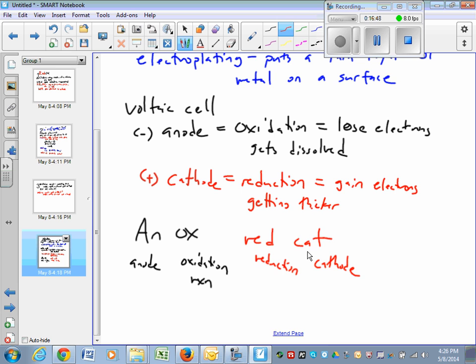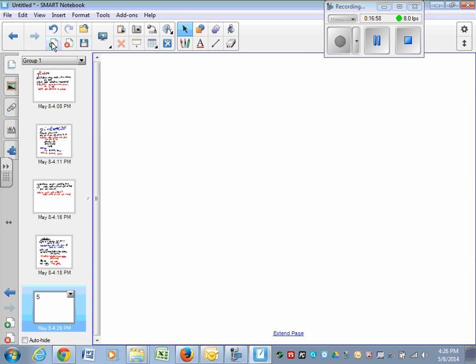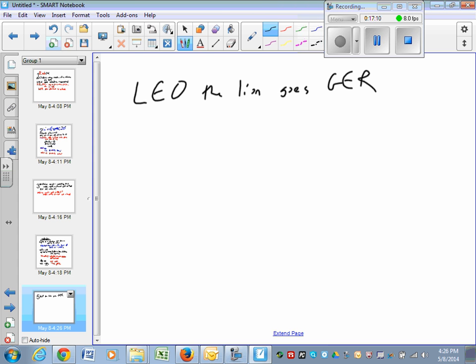So the two phrases that will help you most when you are doing electrochemistry or redox reactions are LEO the lion goes GER: lose electrons oxidation, gain electrons reduction, and An Ox, Red Cat.